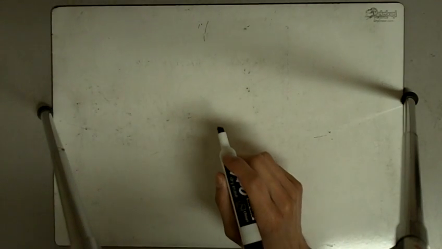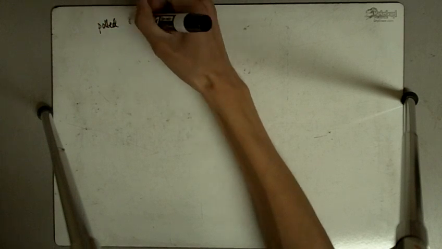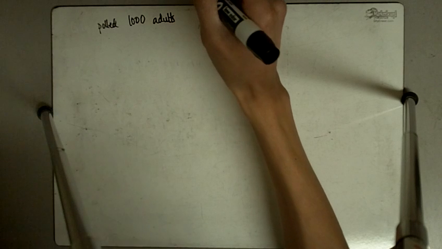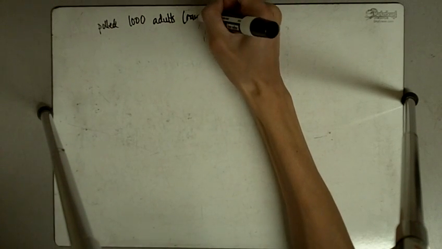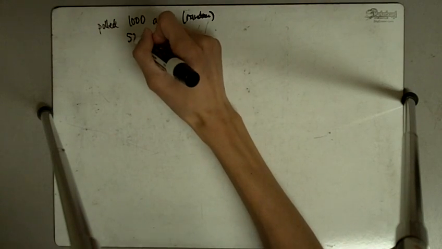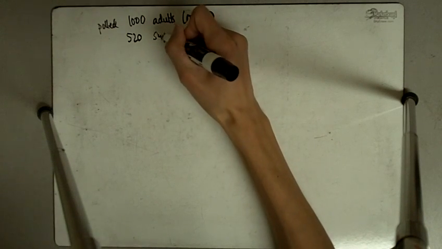All right, it says in a Rasmussen poll of 1,000 adults, okay, so they polled 1,000 adults, and we'll assume that this was done randomly, because it says it was a poll, and it says 520 support a ban on soft drinks.